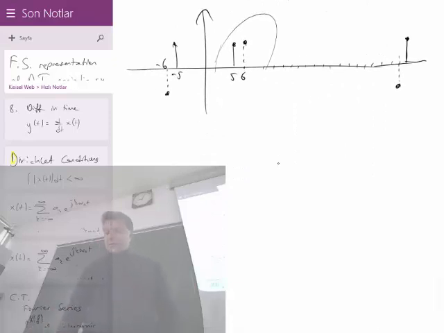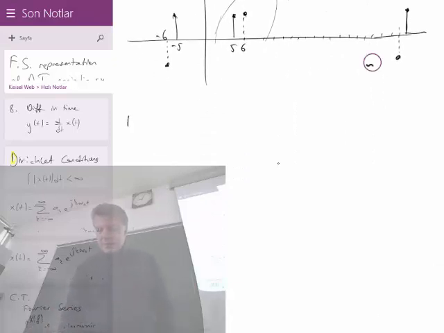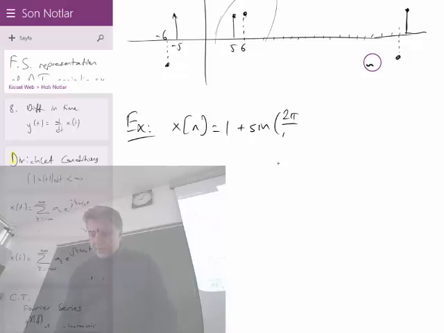Now, I want to show you another related example, again as a linear combination of sines and cosines. x of n is equal to 1 plus sine of 2 pi over capital N times n.